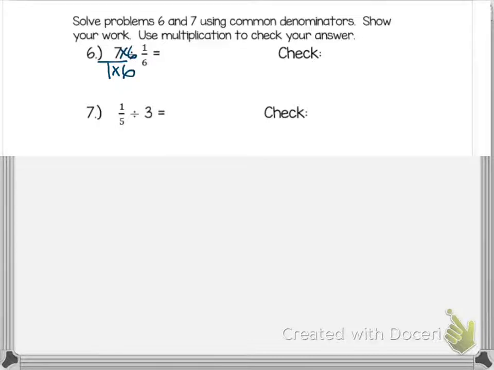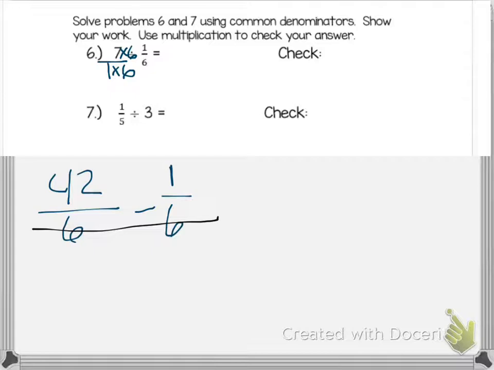So 7 times 6 is 42. 42/6 divided by 1/6. So I can cross those off. So then I have 42 divided by 1. So my answer is 42.